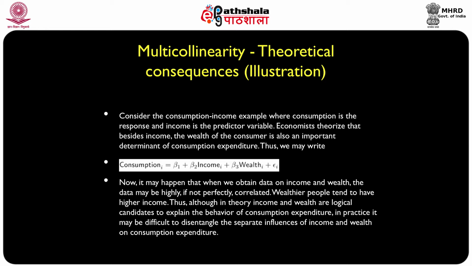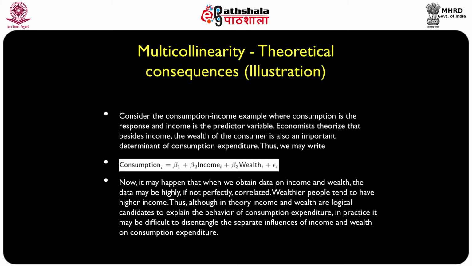Let us illustrate the theoretical consequences of multicollinearity using an example. Consider the consumption expenditure and income example, where consumption expenditure is the response and income is the predictor variable or the explanatory variable.